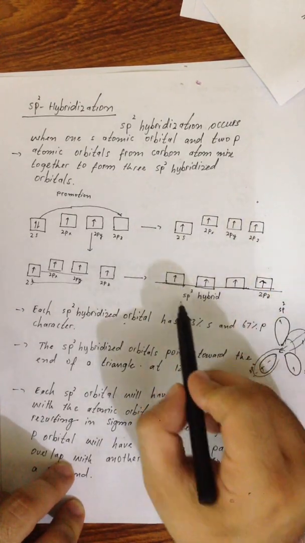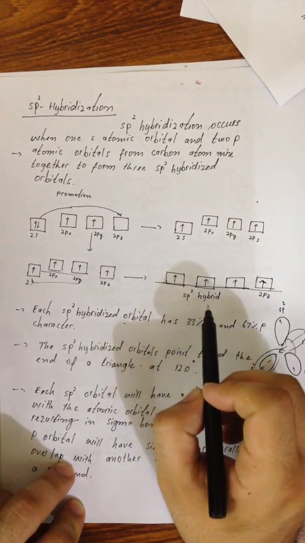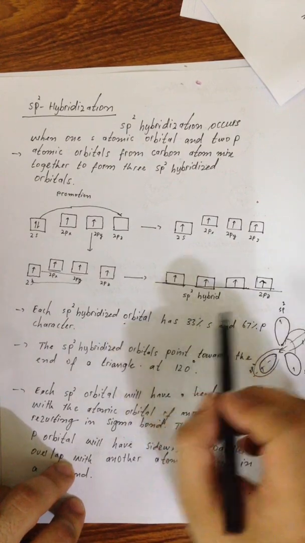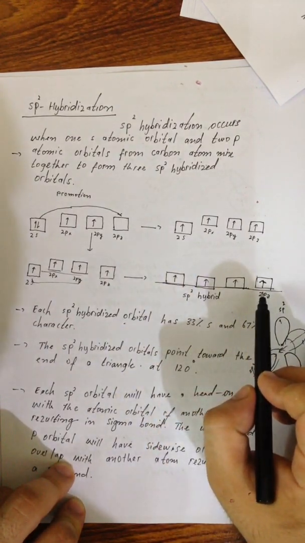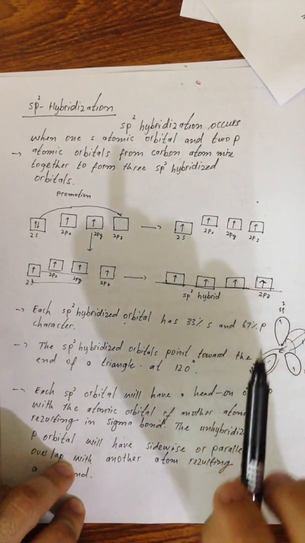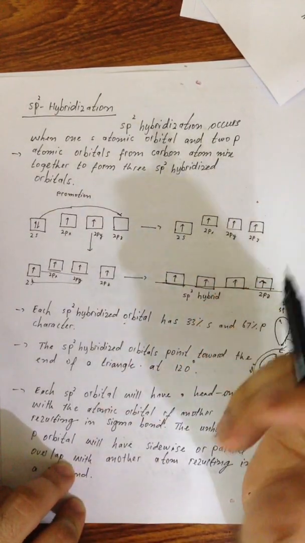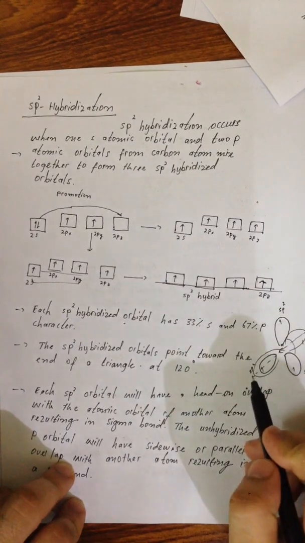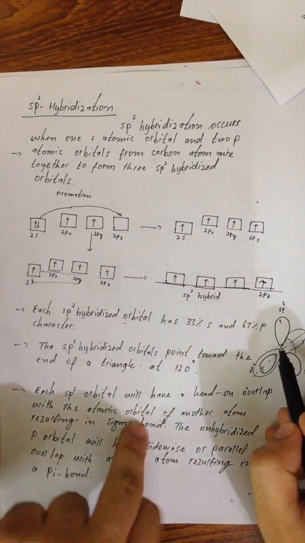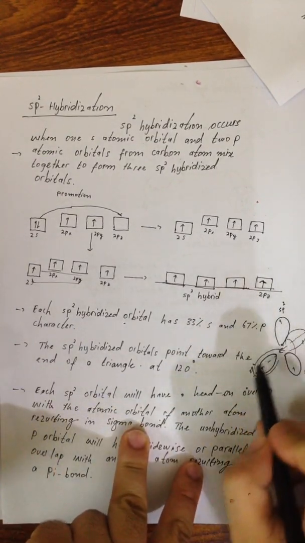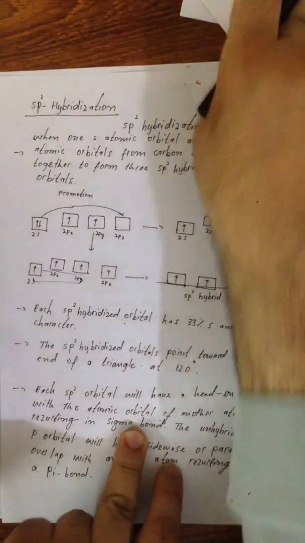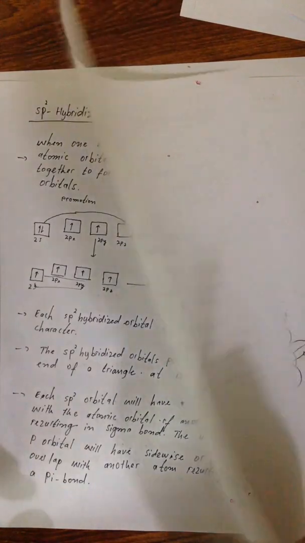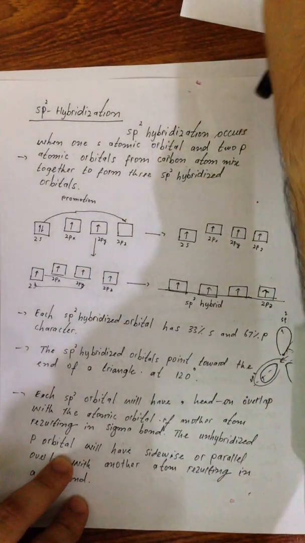So you will have three sp2 hybridized orbitals and one 2pz unhybridized orbital. Now the carbon atom will have two kinds of orbitals. Three sp2 hybridized orbitals. Let me show it here. Carbon atom will have two kinds of orbitals.